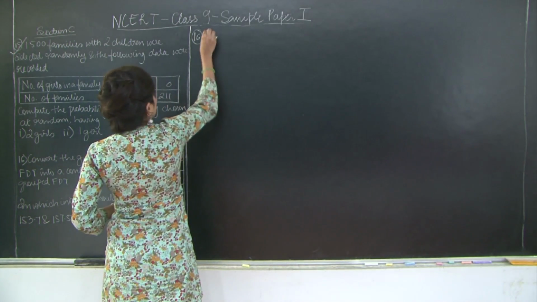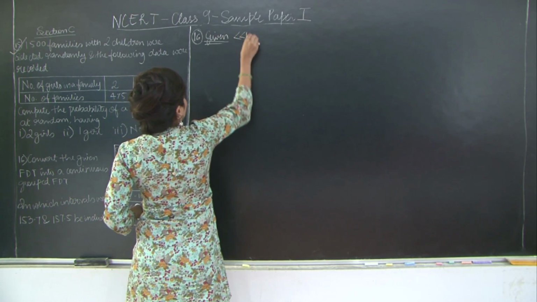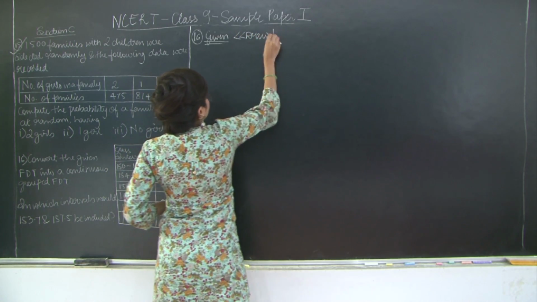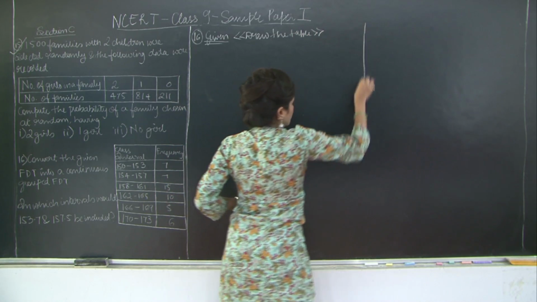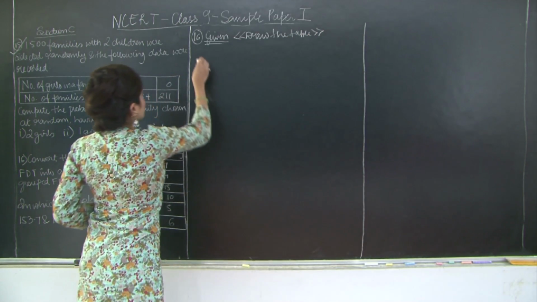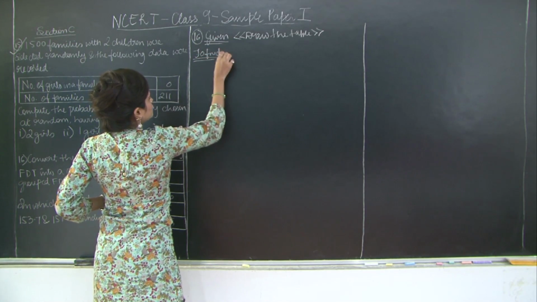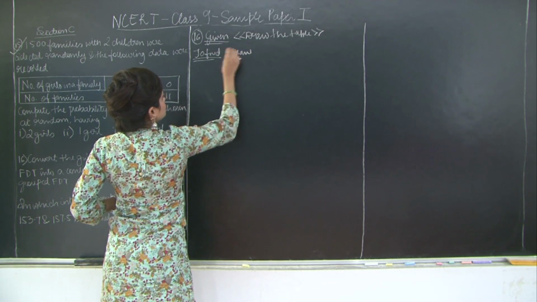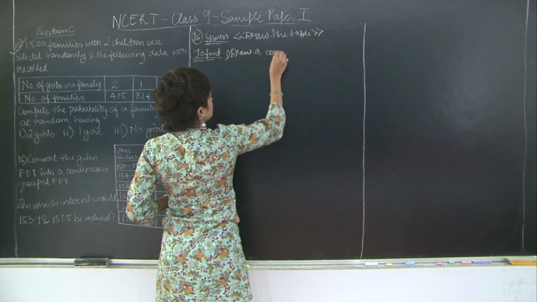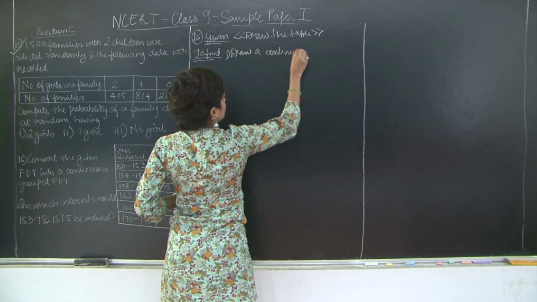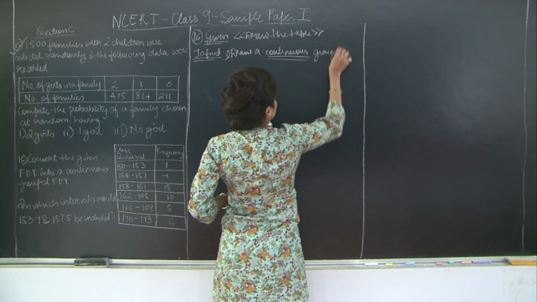Alright, so I'll say given. In given, again you need to draw the table. I am not drawing it, but you please do it. Then to find: draw a continuous grouped FDT.